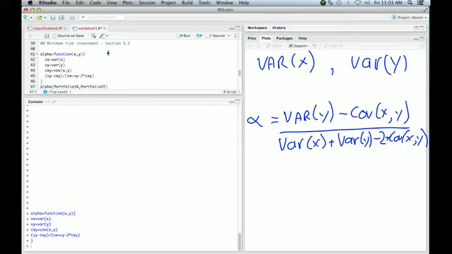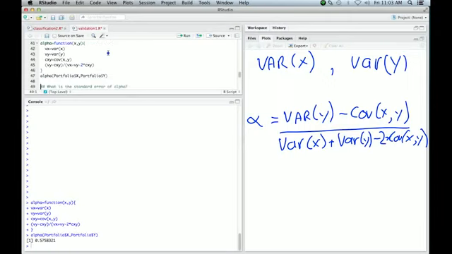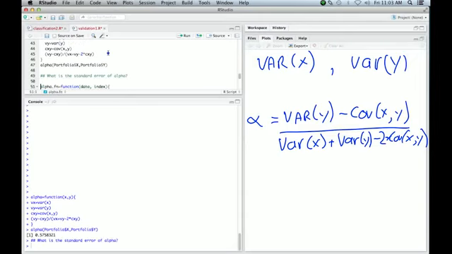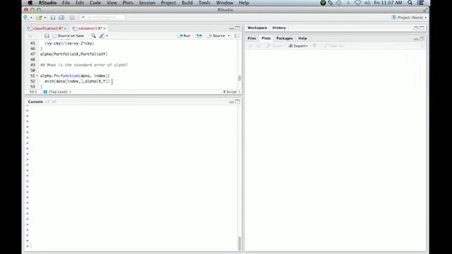Okay, and so now we've got a data set portfolio which has X and Y in it, and we can run alpha on the X and Y in that data frame. And when we do it, we see that alpha comes up as 0.5758.